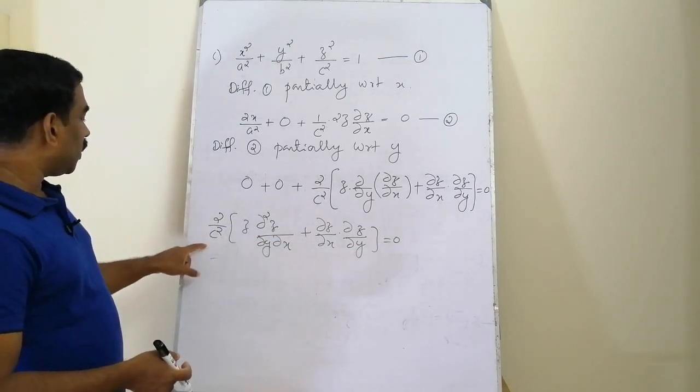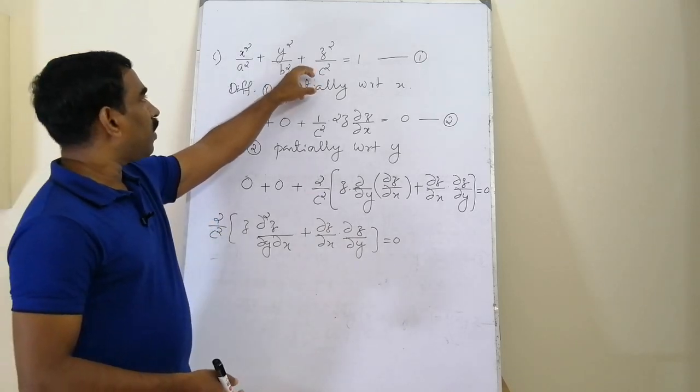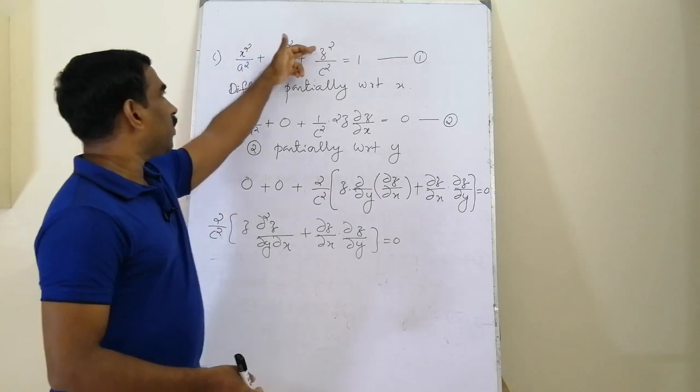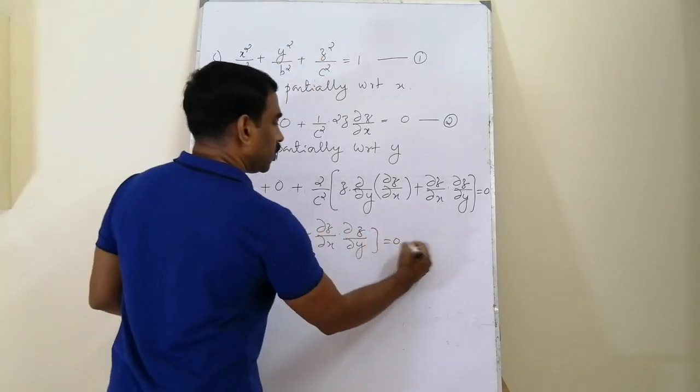Here 2 by c square is not equal to 0. Why? Because that c square term comes from the ellipsoid surface x square by a square plus y square by b square plus z square by c square equal to 1, so it cannot be 0. So the bracketed expression is equal to 0.